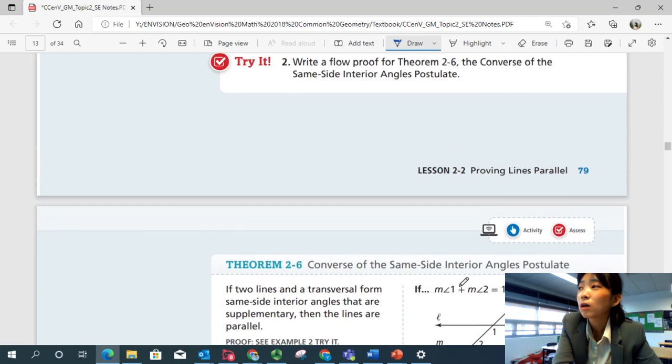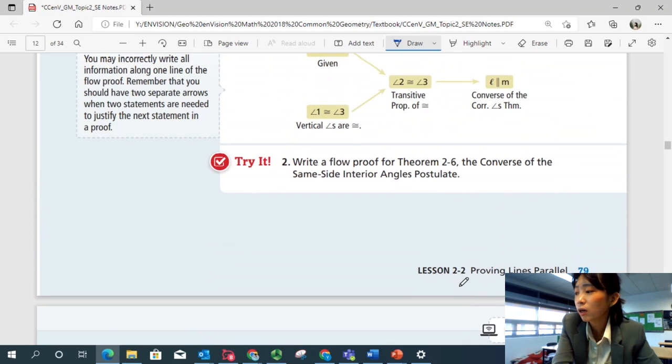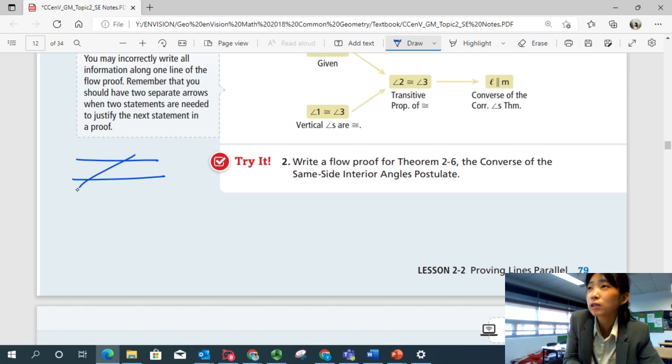Okay? So that's your given information. You have two lines and a transversal, and if that's 1, if that's 2, wait, same side interior angles, right?